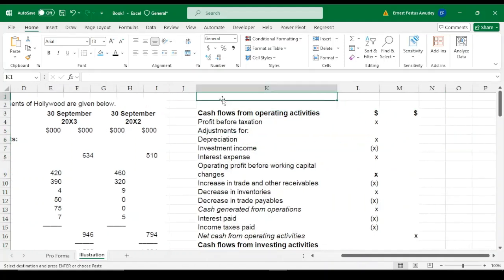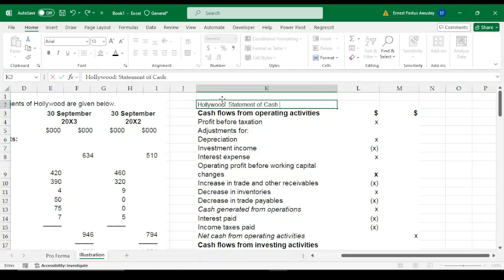So all I have to do is add a heading. All right, so we have Hollywood statement of cash flows for the year ended 30th September 20x3.